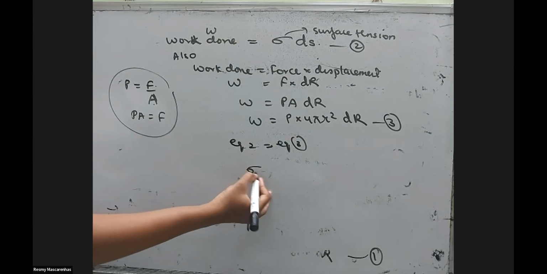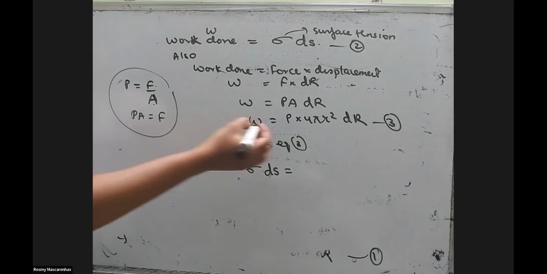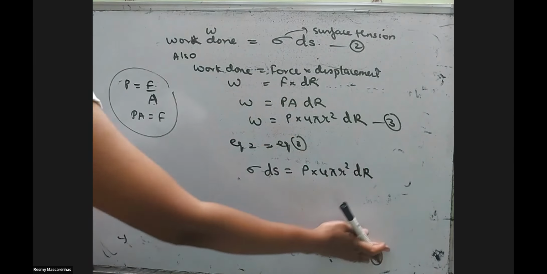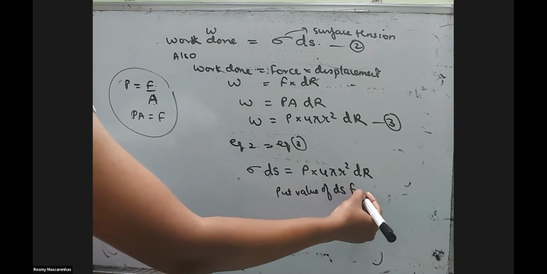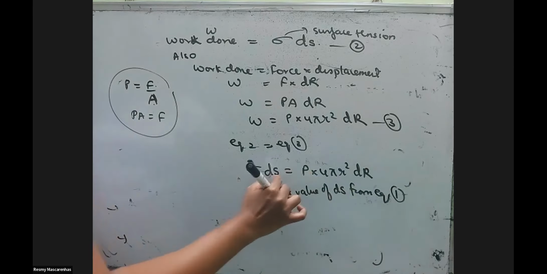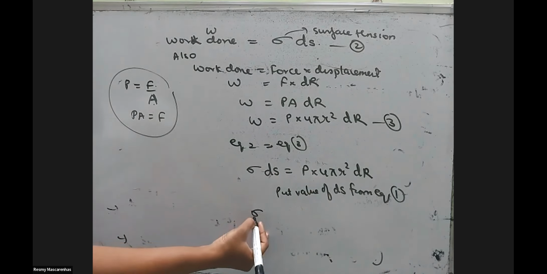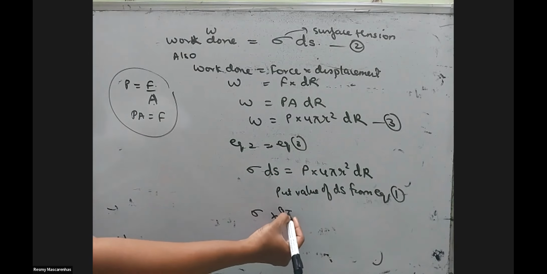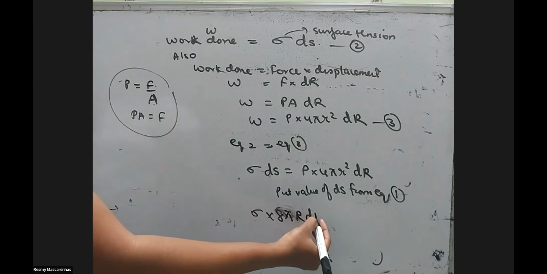So sigma ds is nothing but p 4 pi r square dr. Put the value of ds from equation 1 over here. ds we had got as 8 pi r dr.